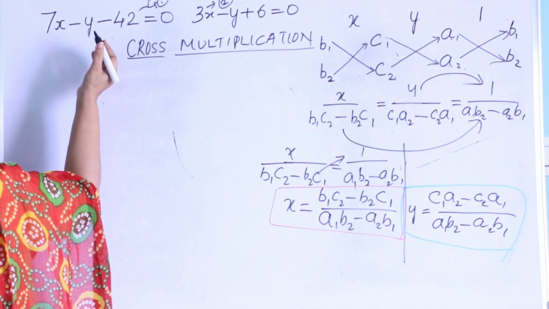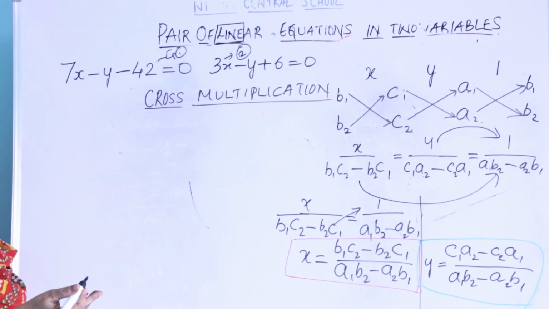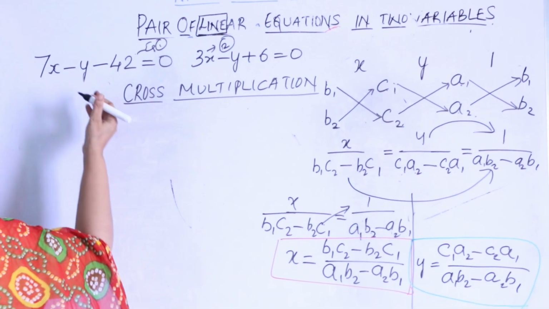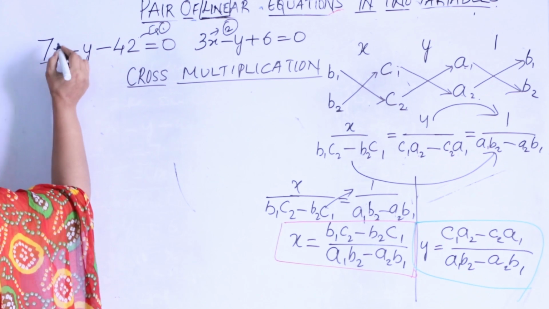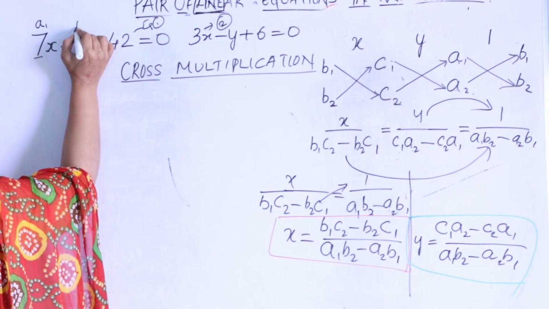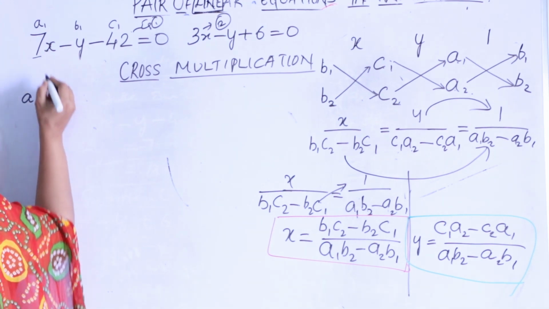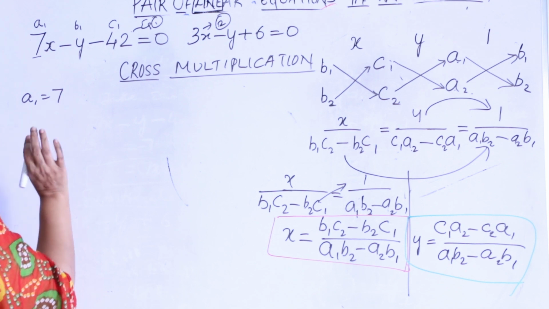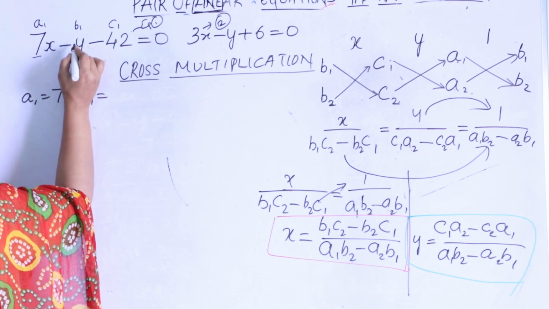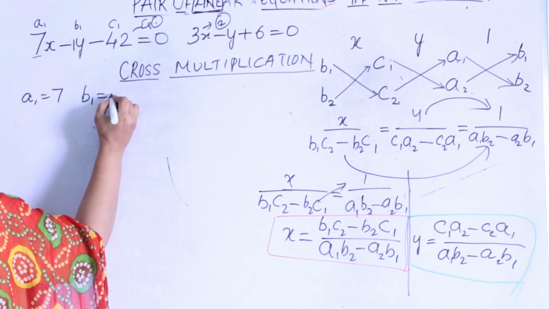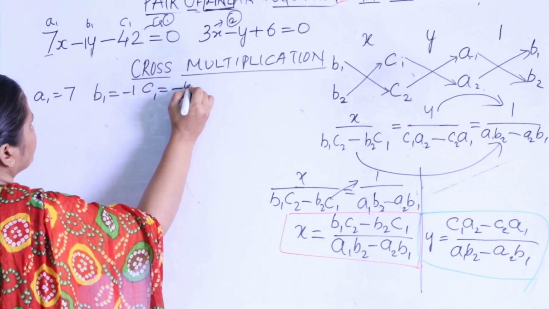Now here, this is already in the standard form, right? a1x plus b1y plus c1, and the other equation is also in the standard form. Write a1, b1, c1 first. What is a1 for us? a1 is equal to plus 7. Remember to use the sign. b1 is equal to minus 1, very very important. c1 is equal to minus 42.